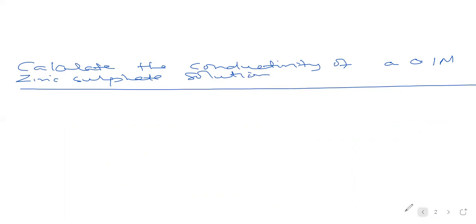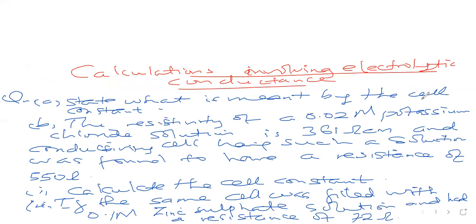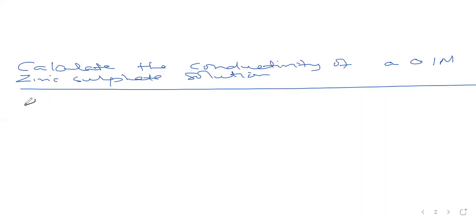Interpret the question very well. What's meant by the cell constant? You can define that. Resistivity of a 0.02 molar potassium chloride solution. We are given resistivity as 361 ohm centimeter.